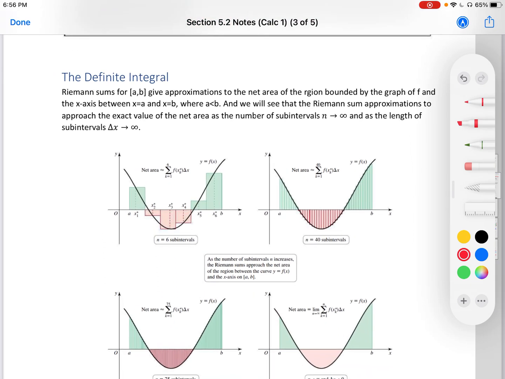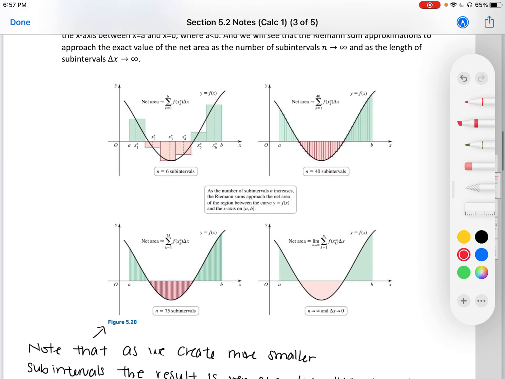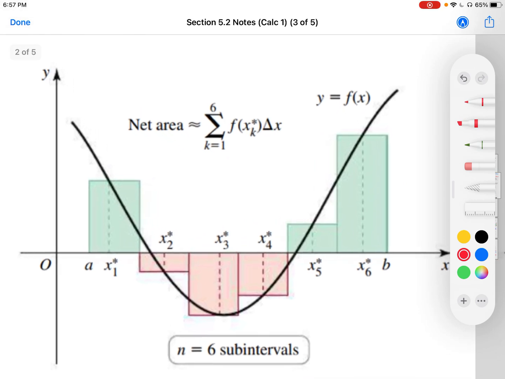The definite integral. Riemann sums from a to b give approximations to the net area of a region bounded by the graph of f and the x-axis between a and b. We see that the Riemann sums approach the exact value of the net area as the number of subintervals n approaches infinity. The length of the subintervals approaches zero. So what we're saying here is, let's say we're trying to find the area under this function f of x.